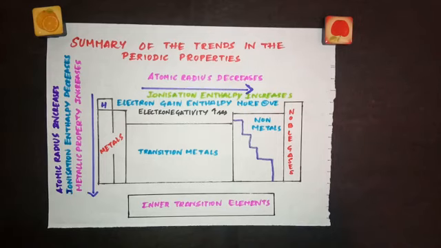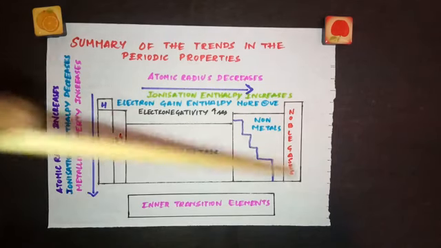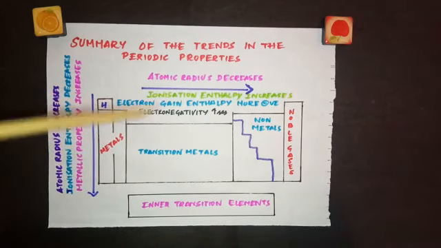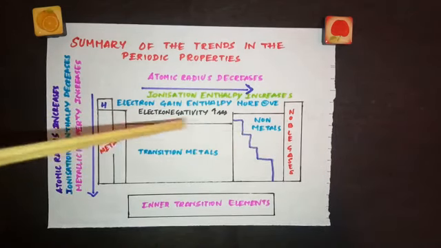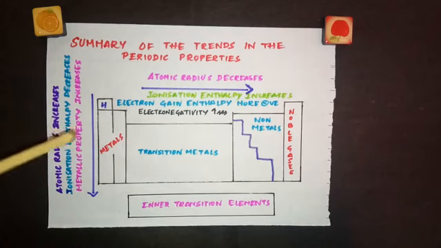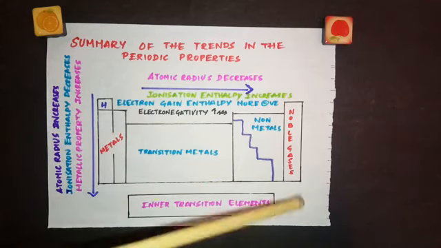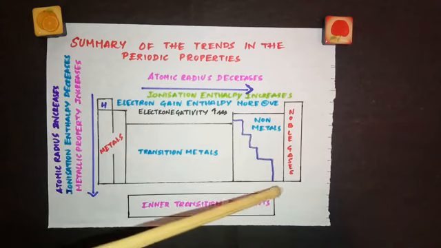Look at the ionization enthalpy and the electron gain enthalpy on the extreme ends. Let's call this the extreme left and this the extreme right. The ionization enthalpy of the extreme left element in a period is the least, and the electron gain enthalpy of the extreme right element is the highest.